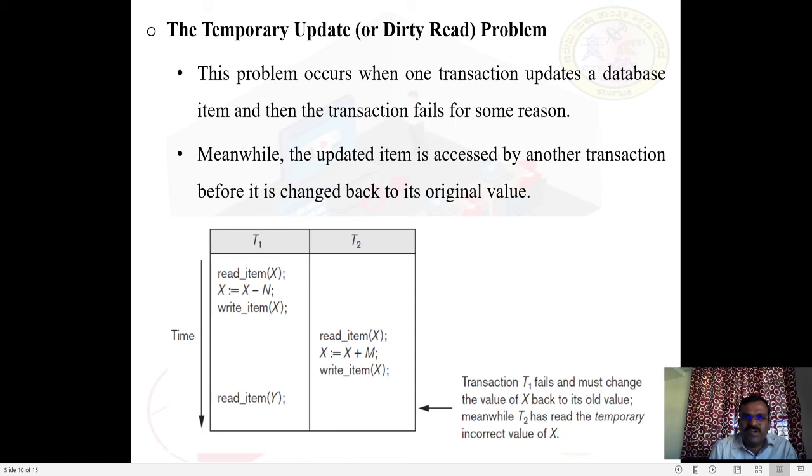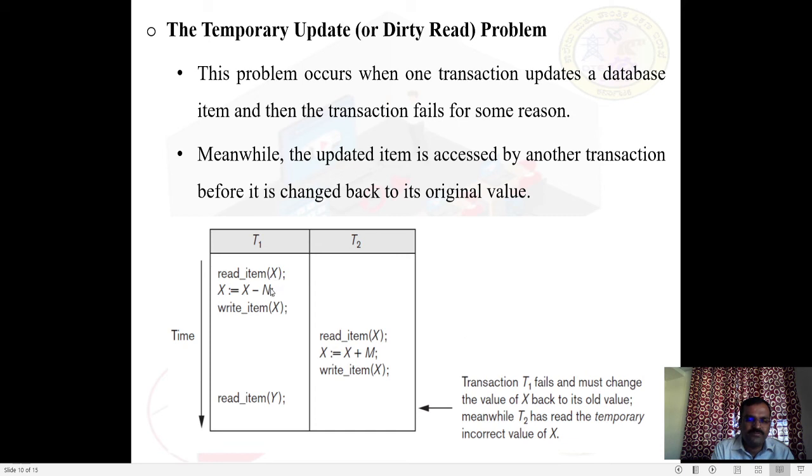Even though the value is updated on the database, for some reason it fails. Meanwhile, the updated item is accessed by another transaction before it is changed back to its original value. This is the example: transaction T1, transaction T2.